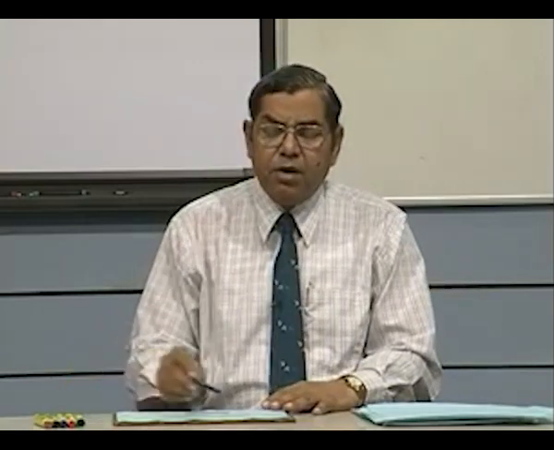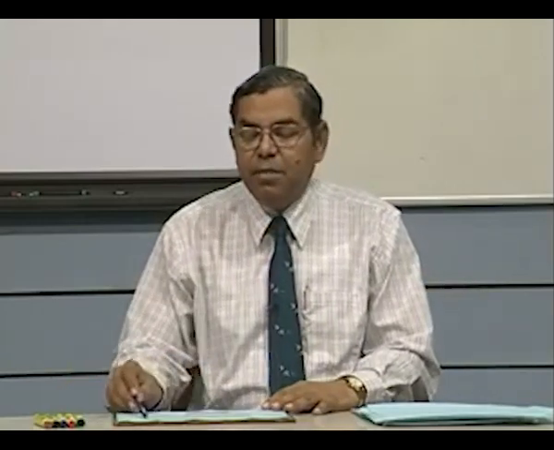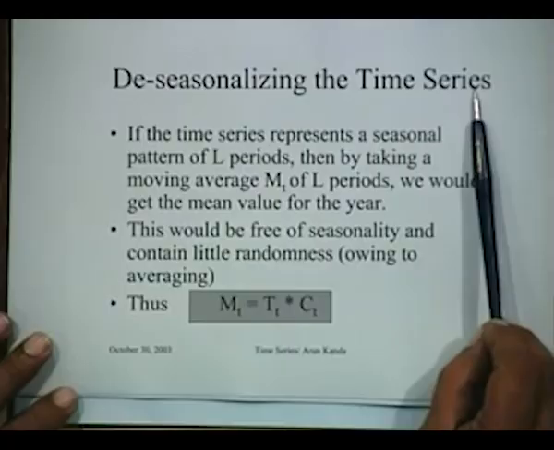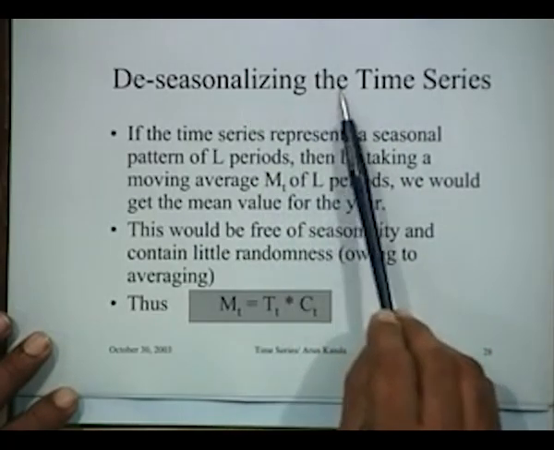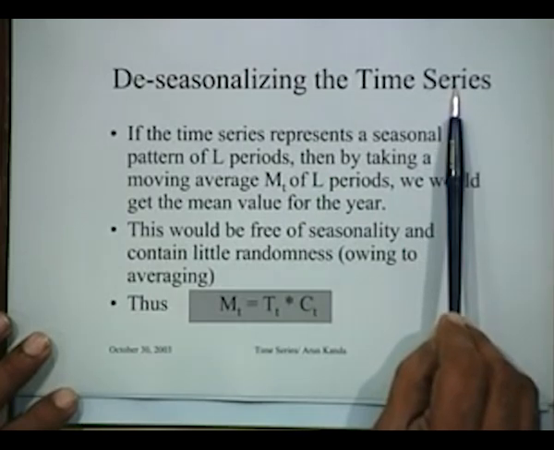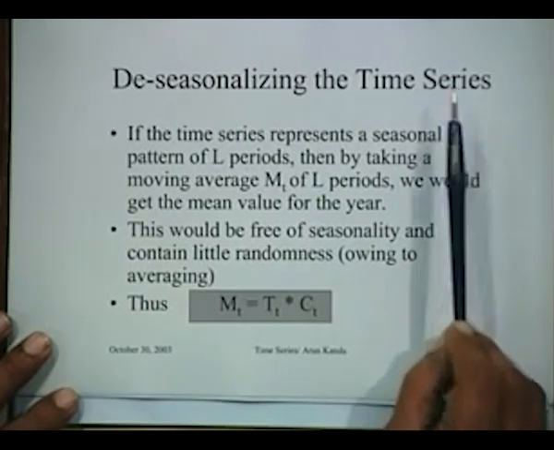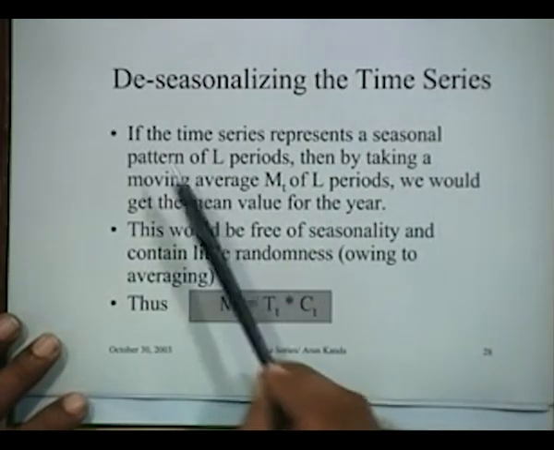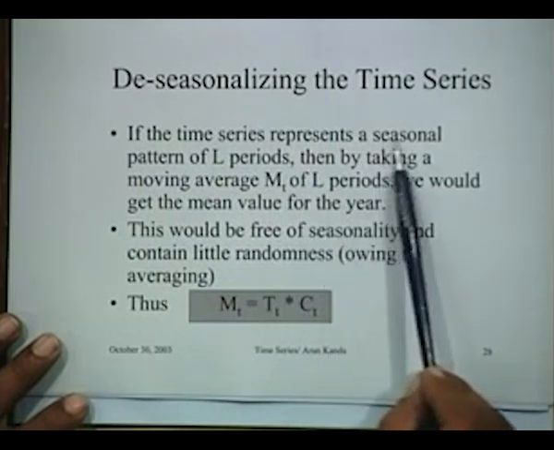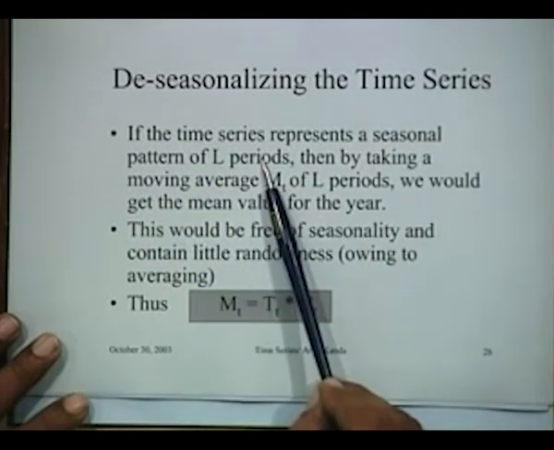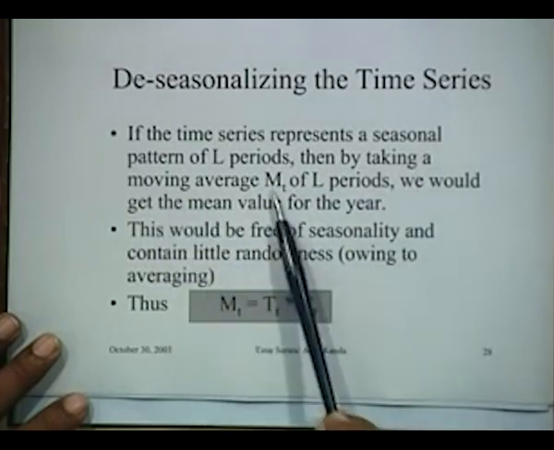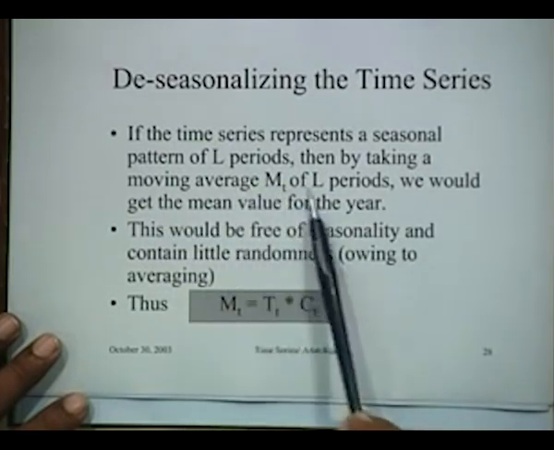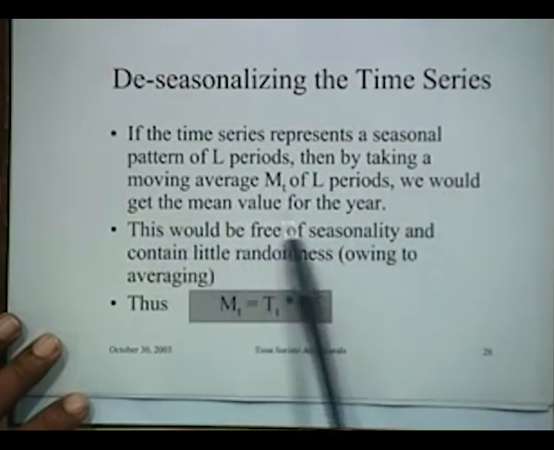A very important concept in the development of the time series decomposition is the notion of what they call deseasonalizing the time series. So the basic concept is that if the time series represents a seasonal pattern of L periods, then by taking a moving average MT of L periods, we would get the mean value for the year.